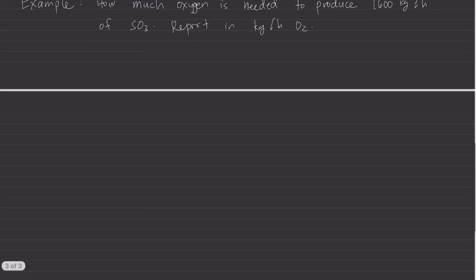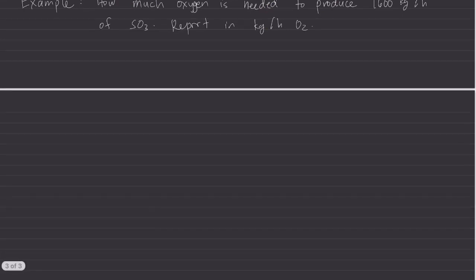Okay, so for our example here, how much oxygen is needed to produce 1,600 kilograms per hour of SO3?